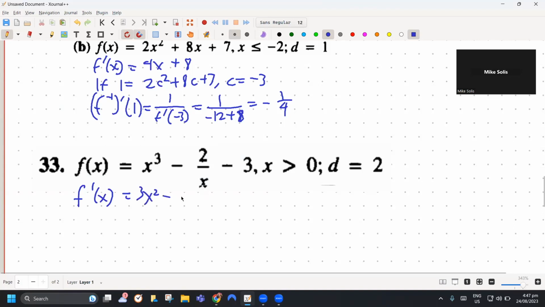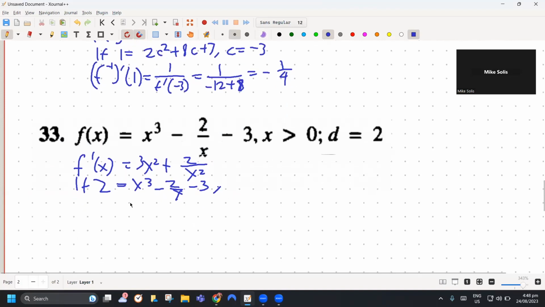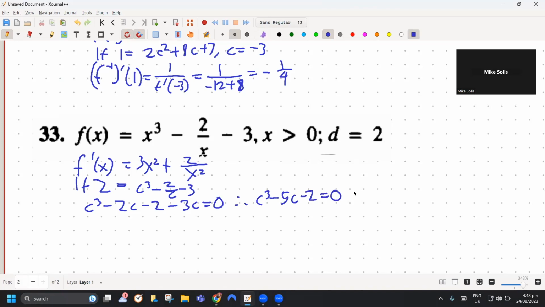So, let me see. x cubed. If you multiply both sides by c, you should get c to the fourth, right?